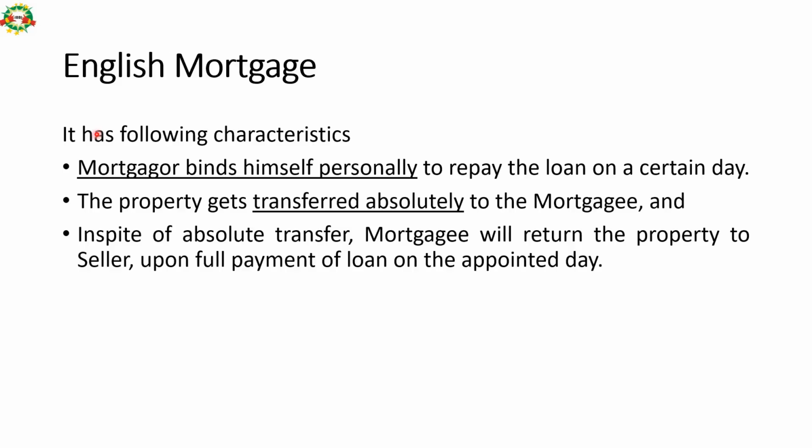And in spite of the absolute transfer, the mortgagee will return the property to the seller upon full payment of the loan. So though I have fully transferred the property to the bank, the bank cannot sell that property as long as I continue paying my EMI, and after I make full payment of the loan to the bank, the bank will again transfer it back in my name.